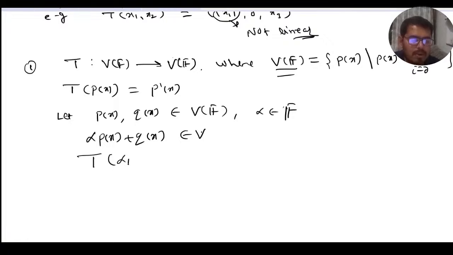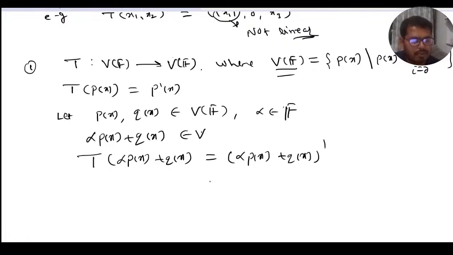T of p of x plus q of x, by using the definition of T, f(x) goes to the derivative p dash of x. P goes to p dash. Here alpha p of x plus q of x goes to the derivative of alpha p of x plus q of x.